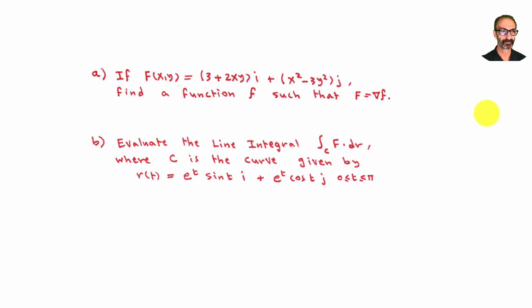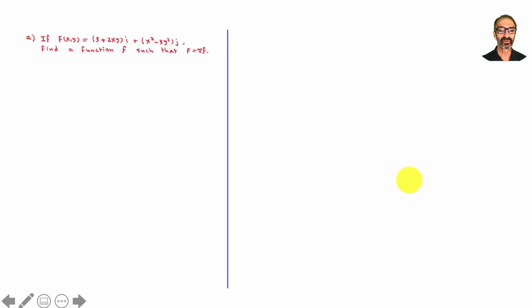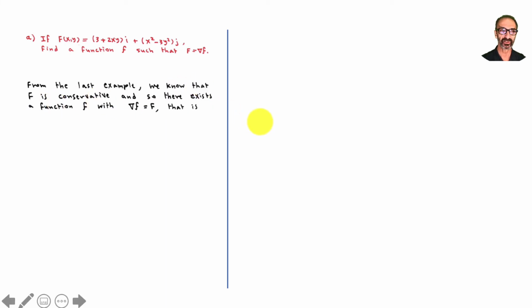Now, part A. Well, we did this on the previous example when we added that the domain is a simply connected region on R squared. So we're going to take advantage of that.